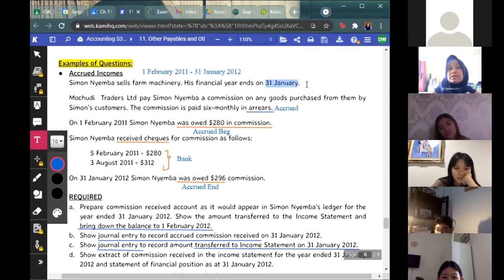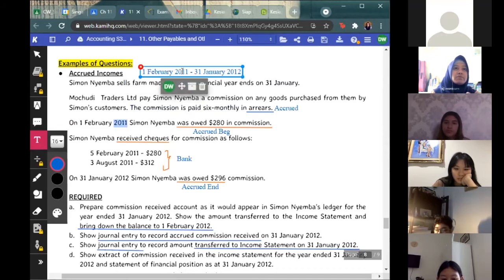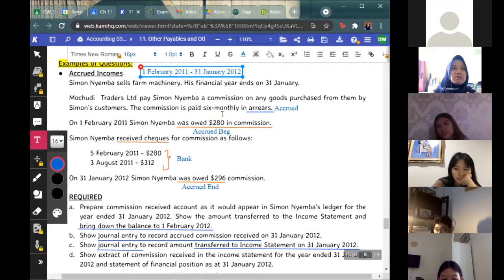So your accounting period must start from 1 February 2011 until 31 January 2012. You have the accounting period already. So we have 280 in commission, representing the accrued beginning because it happens at the beginning of the accounting period.